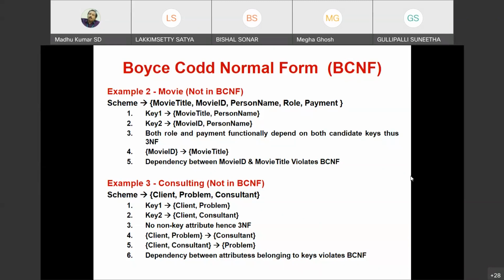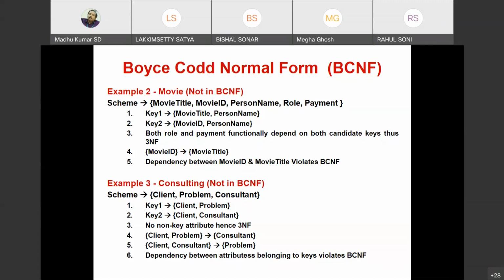Rahul Soni. Am I audible? Yes. Yes, sir. Can you repeat the question again? What is the condition for BCNF? Yes.